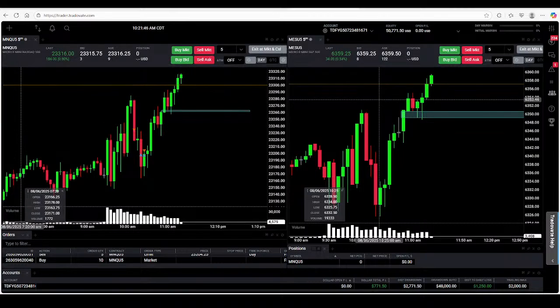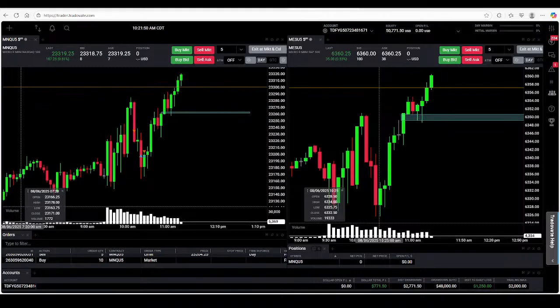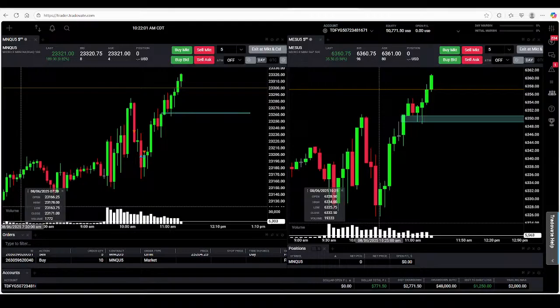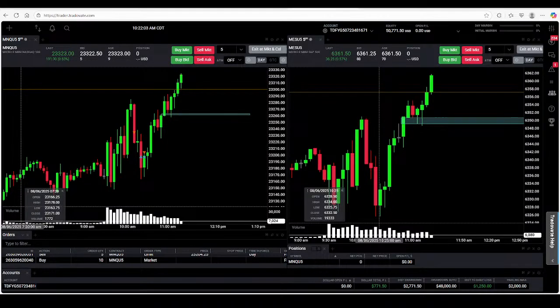It is looking like it is going to be a slow grind up here, and with 8 minutes left before I stop trading, probably not looking to necessarily take anything.